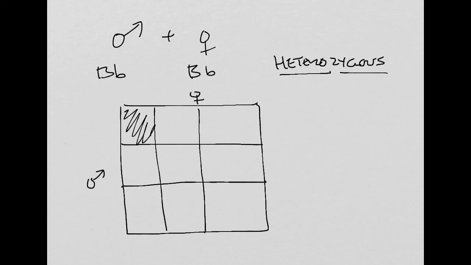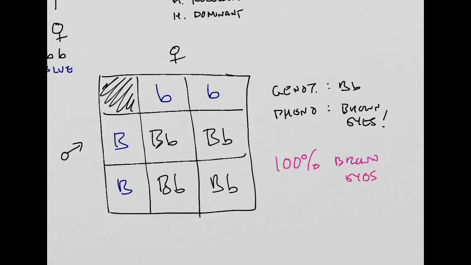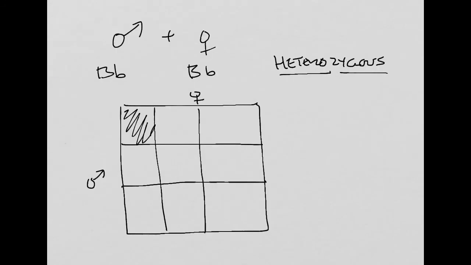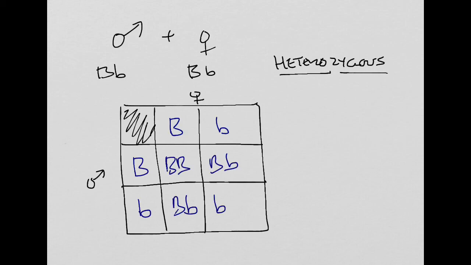Now, instead of every single one of the eggs having the same allele, as we saw back here, where she only could donate lowercase b, in the case of this female, she could donate a capital B or a lowercase b, and the same thing with a male.